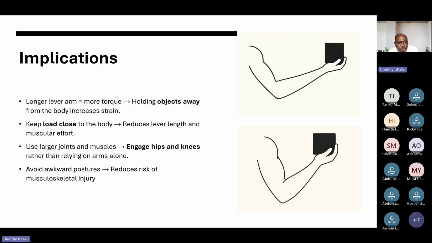If it's your patient, where possible, try to move your body closer to the patient by using different techniques, using slide sheets, moving closer rather than stretching your hand, because it strains your body. And once you reduce that, it reduces the muscular effort. And the second bit is, where possible, engage your bigger muscles rather than relying on your arms alone. Your leg muscles are mainly your bigger muscles.